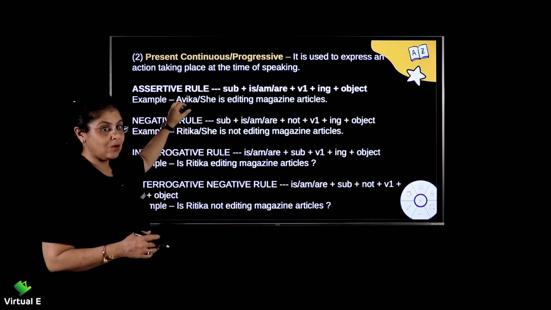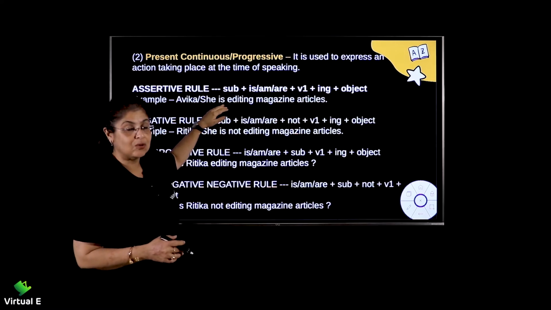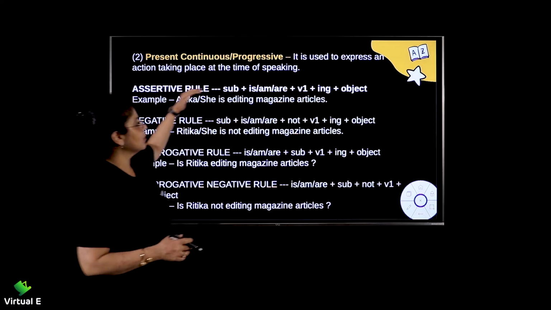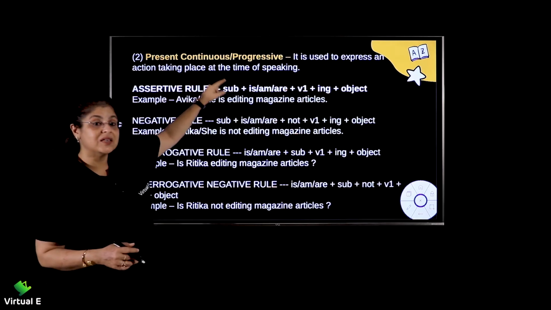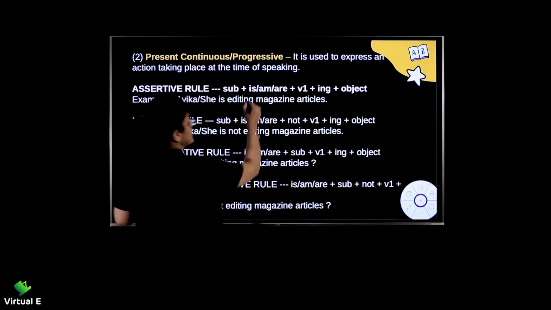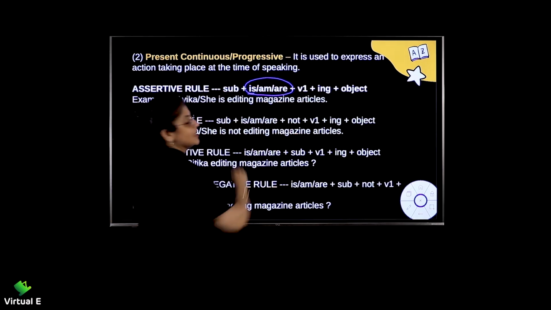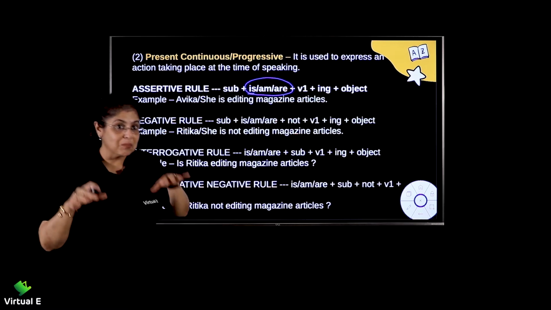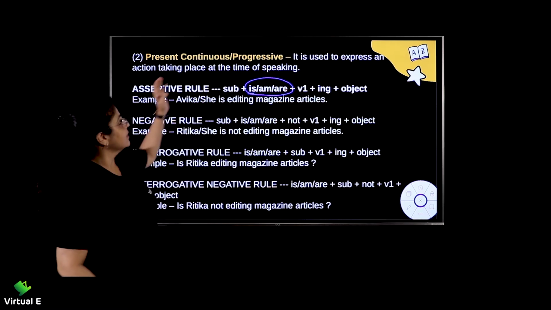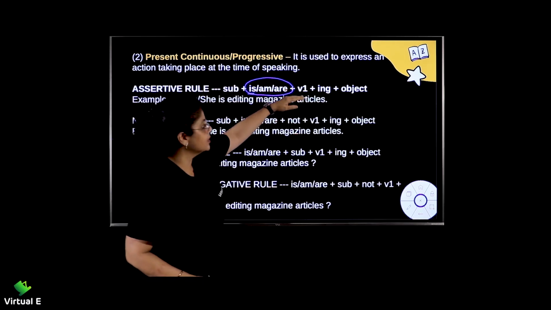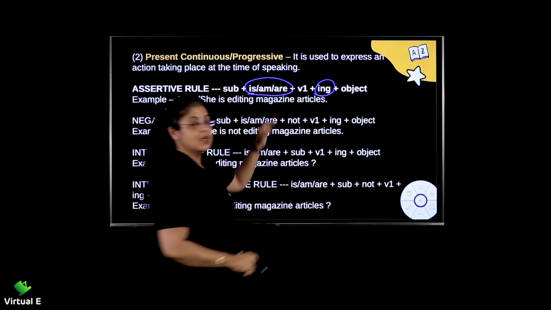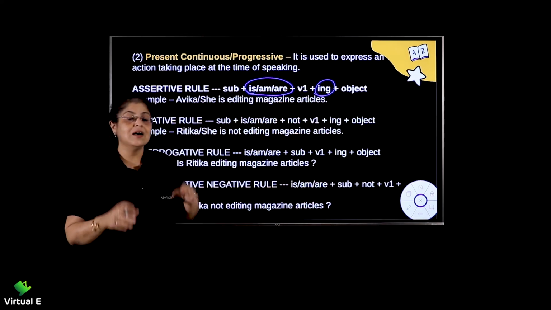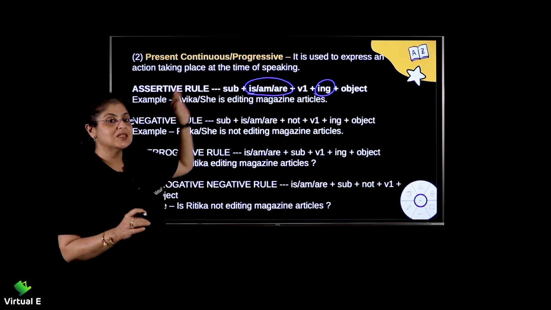It can be a noun or it can be a pronoun. Don't get confused. Now, subject plus is, am, are. Now because it is present continuous, we are using is, am, are, which is present, right? And continuous, so it is verb plus ing. Now these, what I have circled here, are the key words for present continuous.